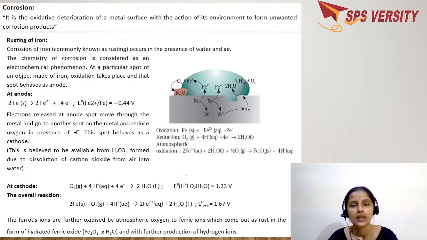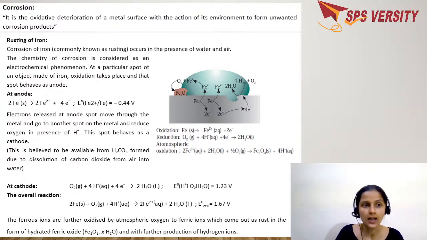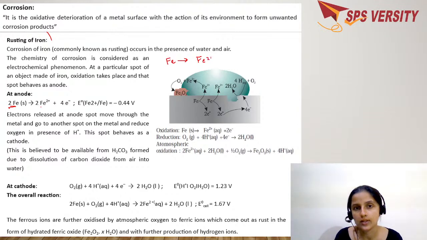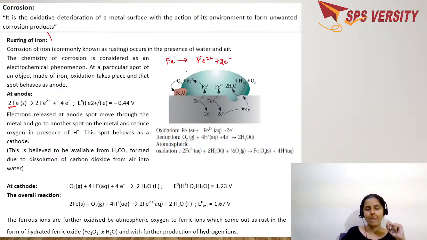If you take the surface of iron, at some point where there is oxygen and water, the oxidation starts. So the iron rod has Fe, and it undergoes oxidation. What is oxidation? Loss of electrons: Fe gives Fe2+ plus 2 electrons at some spot on the surface of iron.